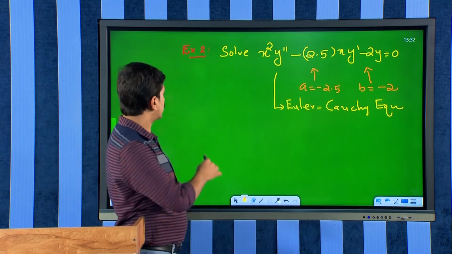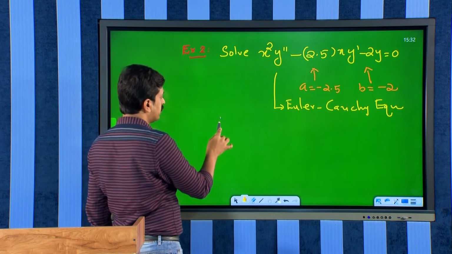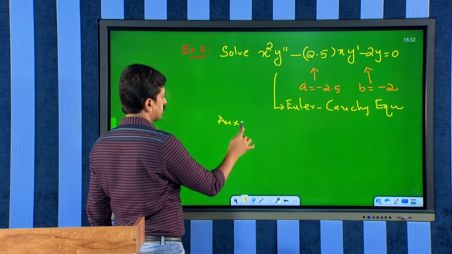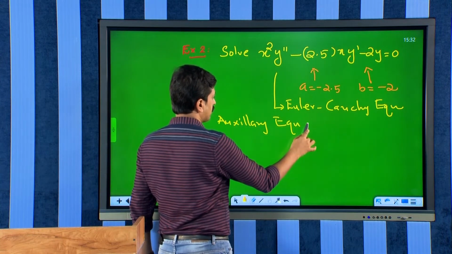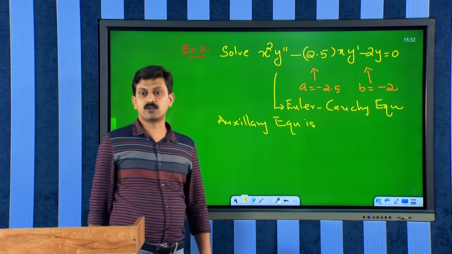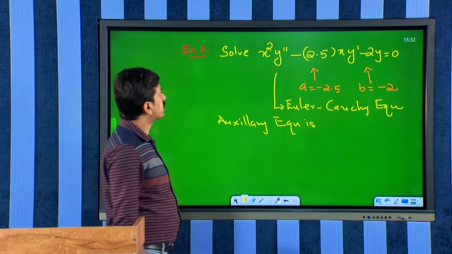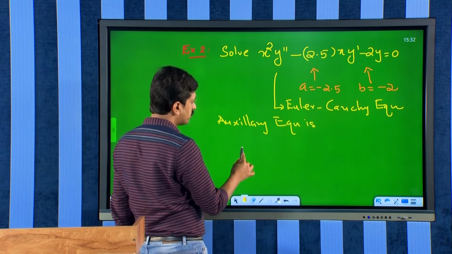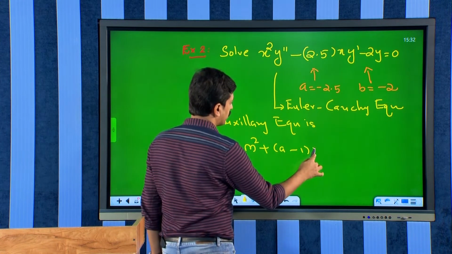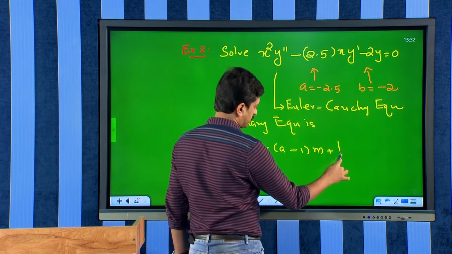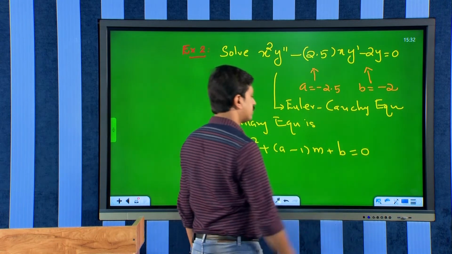So, we can write the auxiliary equation as part of the solution. The auxiliary equation is m square plus (a minus 1) into m plus b equal to 0.